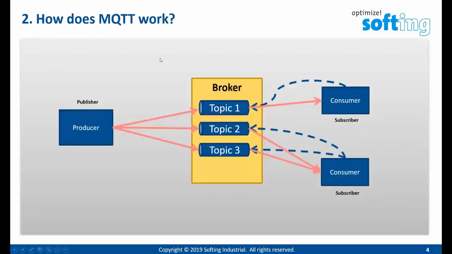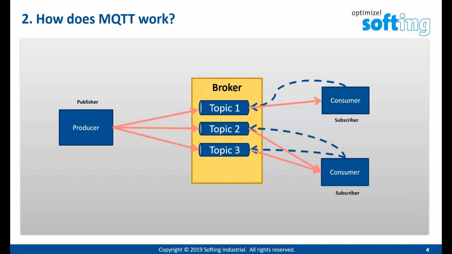So how does MQTT work? It is separated in three parts. We have on the left side a publisher, in the middle is the broker, which is some kind of distributor or dispatcher, and on the right-hand side we have the subscribers.